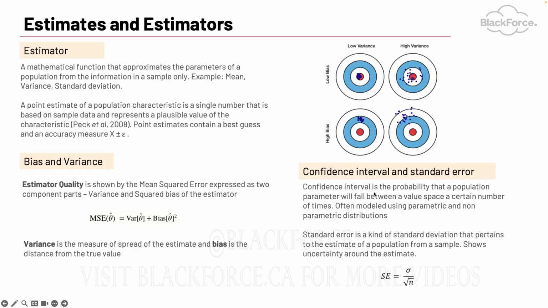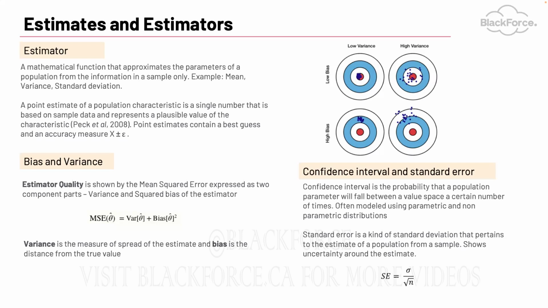So the confidence interval is just the probability that a population parameter falls within a certain range of values. If you want a high probability that this measurement will always fall within the range you have, then you're going to need a larger sample.